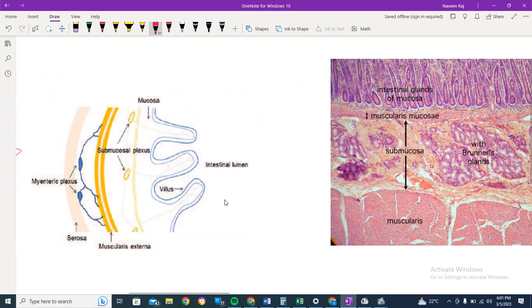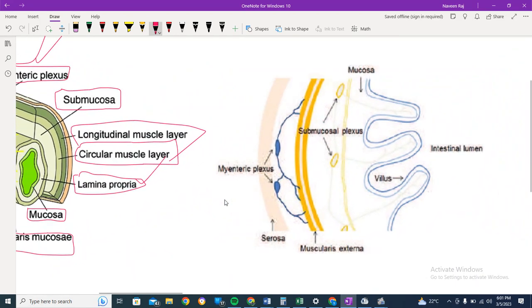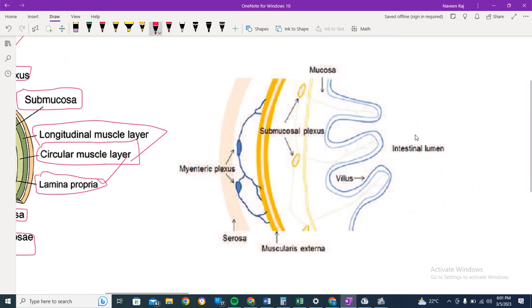For a better view, we have this one diagram. First of all, we have the intestinal lumen here, where the digestive food flows, and the villi are the part that take in all the digestive food.